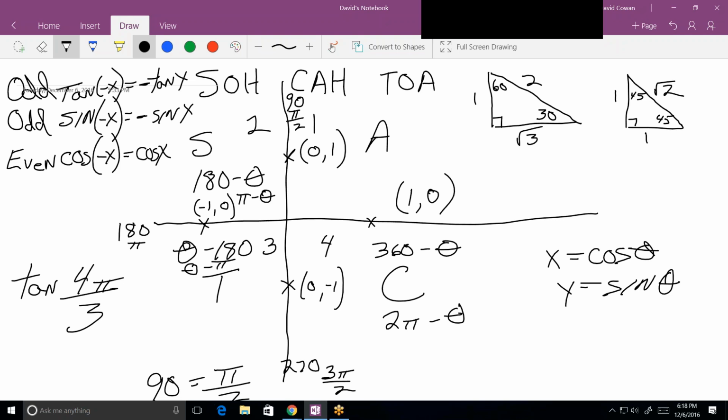So plug in 4 pi over 3 in for theta. What do you get? What's the tangent of 4 pi over 3 minus pi? What's the angle? What's the equivalent first quadrant angle? Pi over 3, okay. And now go up, and what angle is that? What's pi over 3?